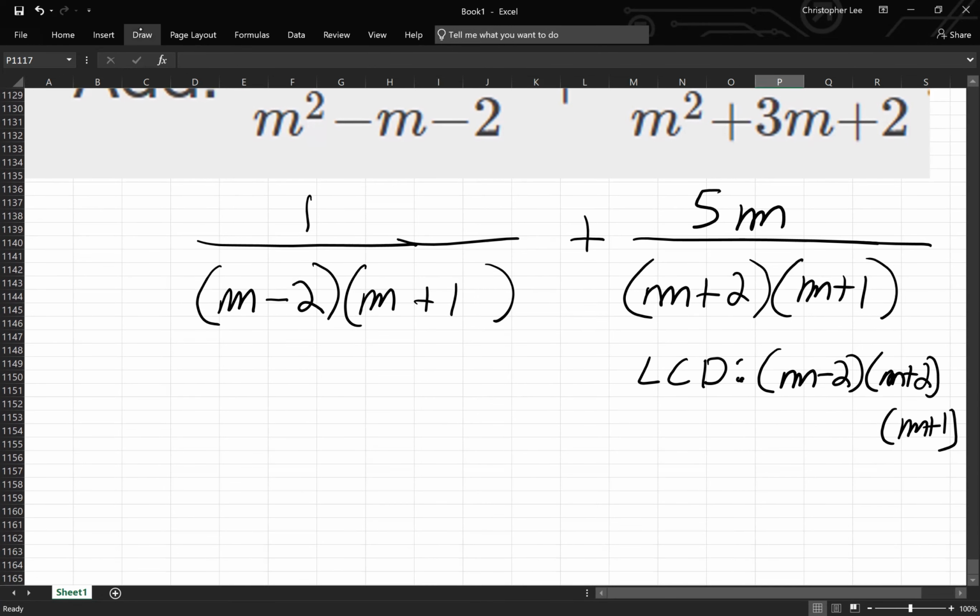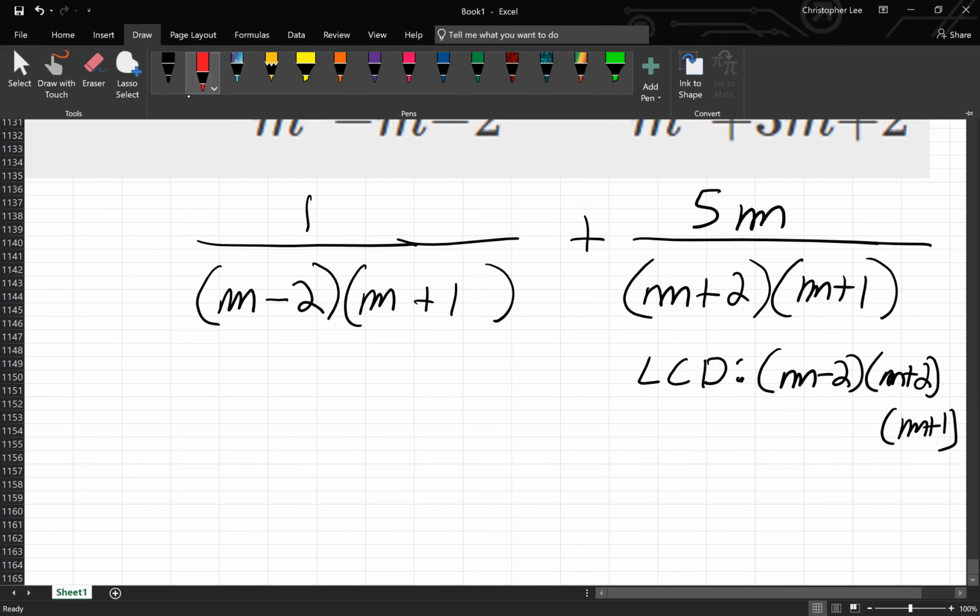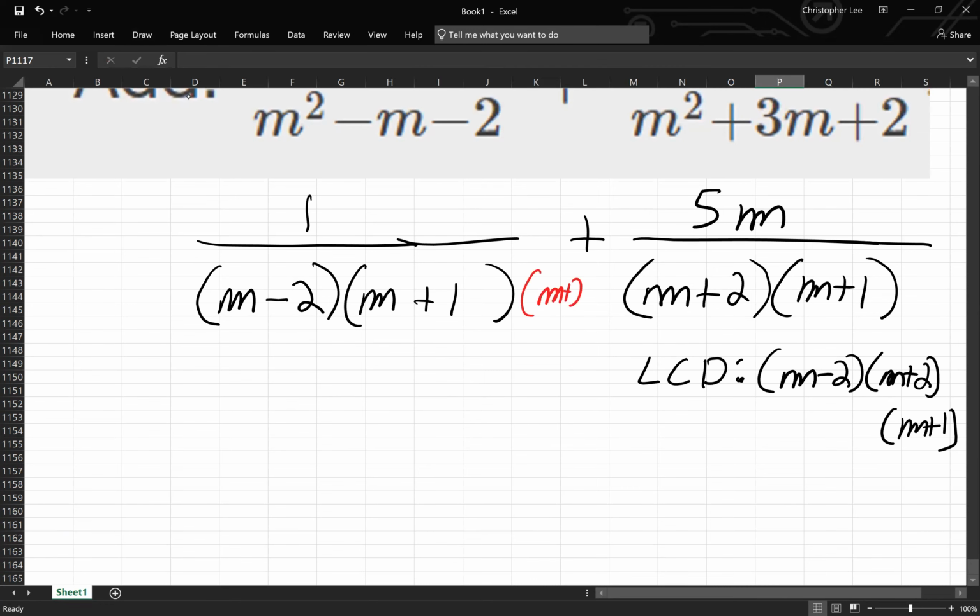So then you already know what's going to happen next. I have the M-2, M+1, but I'm missing an M+2. I'll multiply this by M+2. What I do to the bottom, I do to the top, M+2. I have M+2, M+1, I'm missing an M-2, so I'm going to multiply this by M-2. What I do to the bottom, I do to the top, M-2.